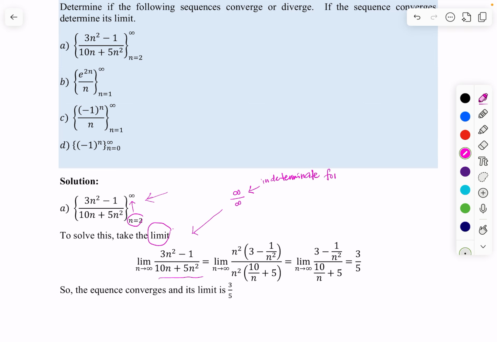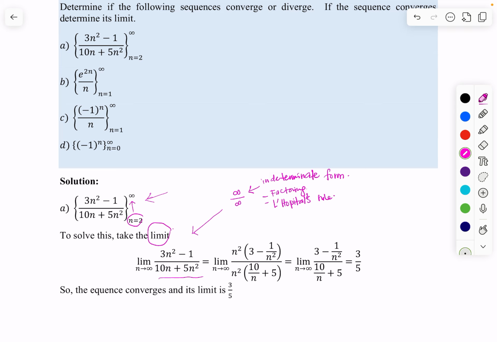Recall back calculus 1. When you have an indeterminate form, you need to adjust the sequence. You can use factoring, or you can use L'Hopital's rule, so that you get a value that is not an indeterminate form.